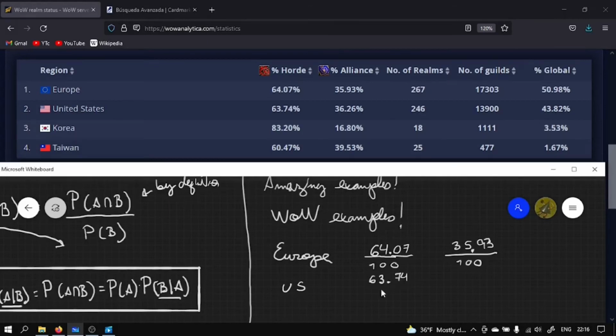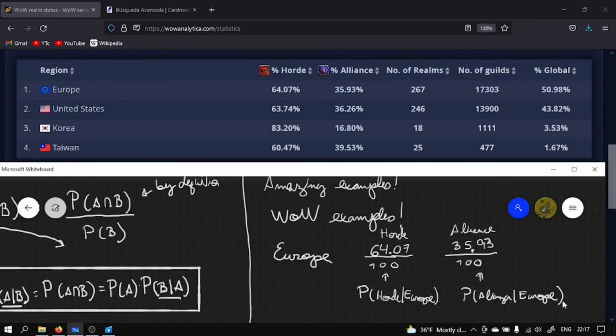The probability of being in the Horde or being in the Alliance given that you are in Europe. And the probability of being in Europe is on the other side, and this is this one here.